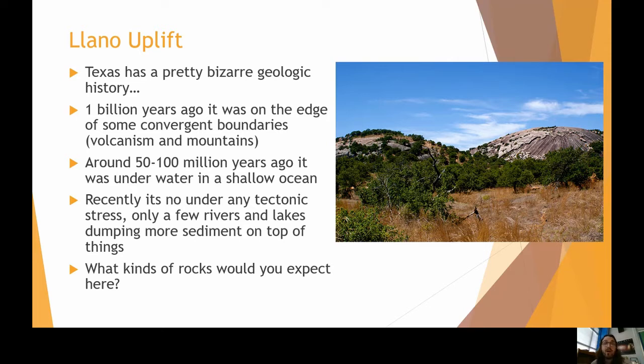So with all that happening in the history of Texas, what kinds of rocks would you expect? We had some volcanoes, some mountains, some shallow ocean, and some rivers. So all the rocks that we went over previously, what kinds of rocks would you expect here in Texas?